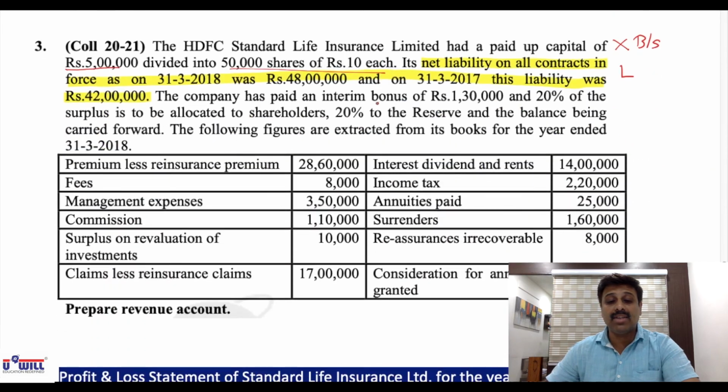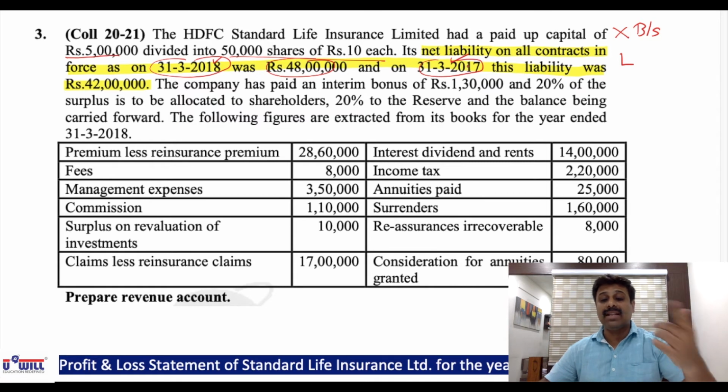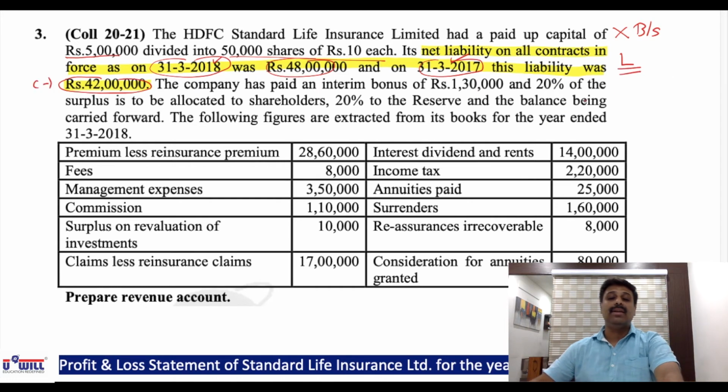So this closing balance will get added and this opening balance will be minused. 31/3/18 is the closing balance of the current year, 31/3/17 is the closing balance of last year, and you can say the opening balance of the current year. So this 42 lakhs we will minus in finding that change in valuation of liabilities. So each and every point of your format has been covered in these three questions.